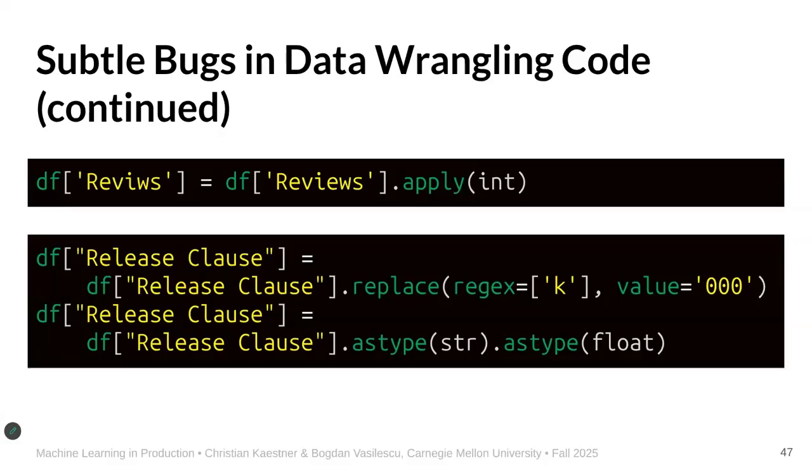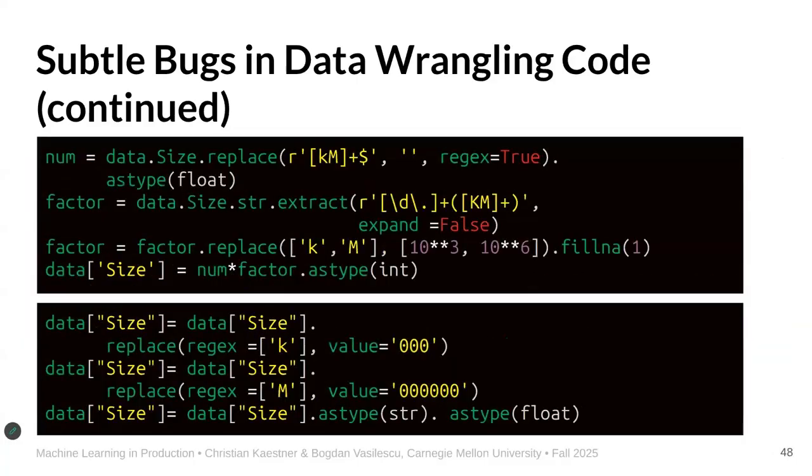The idea is to have 70K and have that translated to a number. It works in most of the cases until one data point is 7.5K. That doesn't work. There are other examples for the same thing where they use uppercase K in one place, but the correct thing in other places. Silently again, it fails and just does the wrong thing.